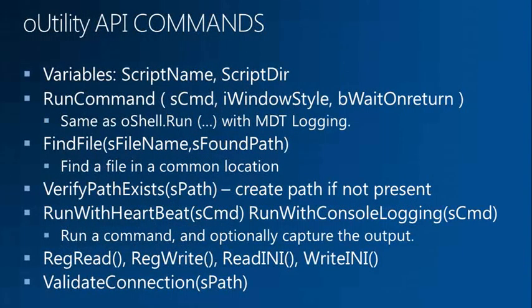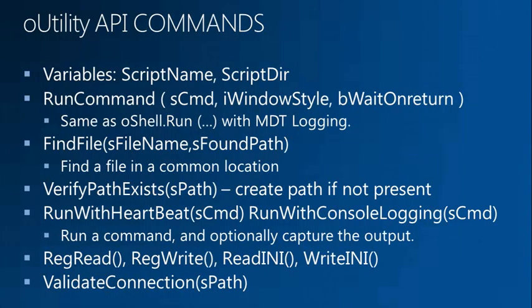There are some run commands available. The advantage of the run commands that are predefined in a ZTI utility is that when you run the command, it will automatically parse out, log out the command line, read the error result, log it appropriately, and exit out.